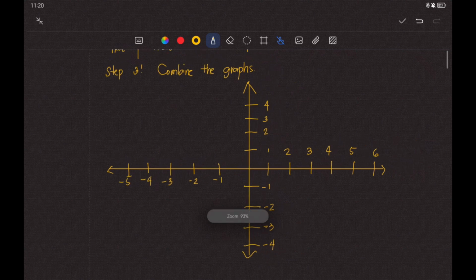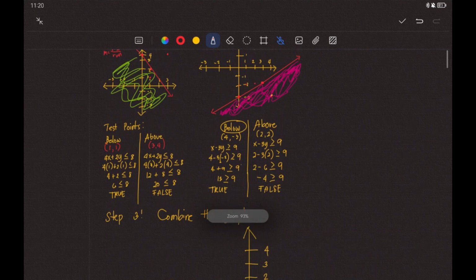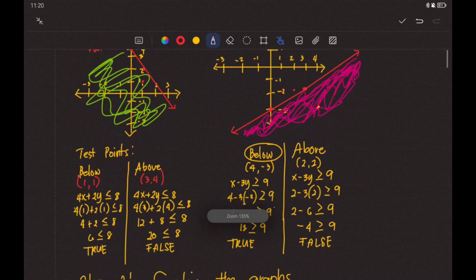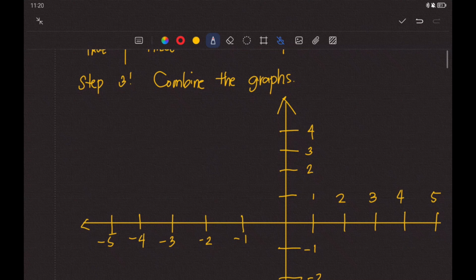So for the first graph, let's plot that first. That is 4, 1 and 2. So here and here.